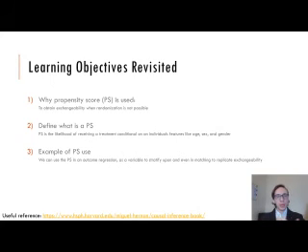We also defined what a propensity score is. It's basically the likelihood of receiving a treatment conditional on an individual's characteristics, like their age, their sex, and their gender. And then finally, we looked at 3 ways we can use propensity score. The 3 ways were regression, stratification, and matching.